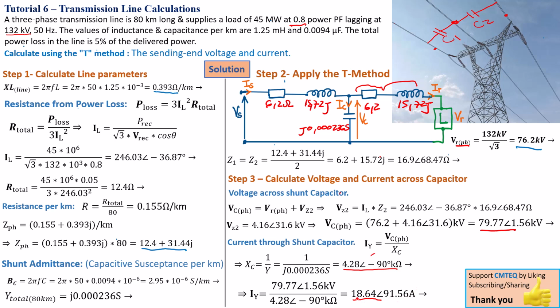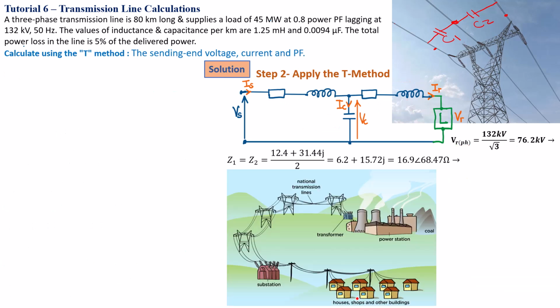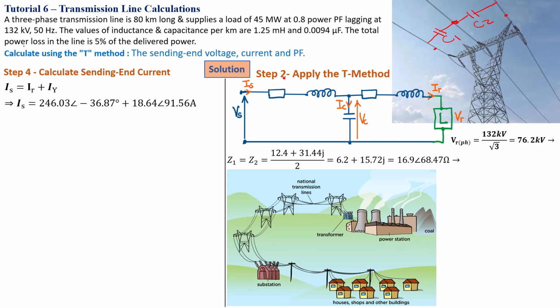Great stuff. Now we can add these two currents to calculate the sending end current, by adding the current we just found plus this current. The first current is IR, which we calculated to be 246.03, and the second current we just calculated is 18.64.